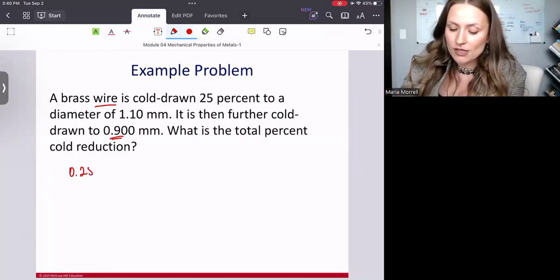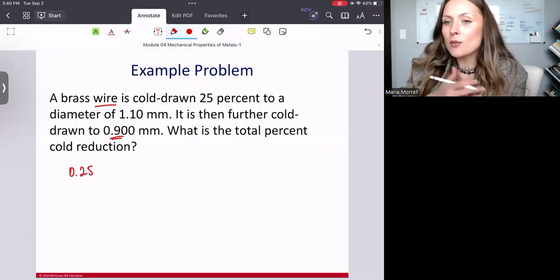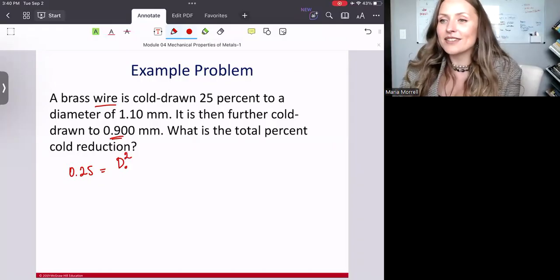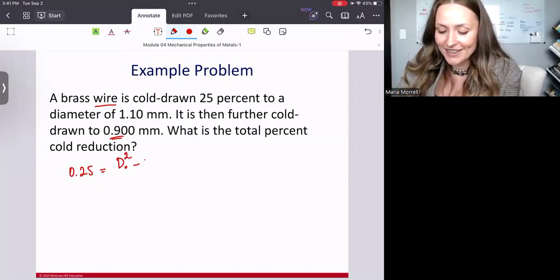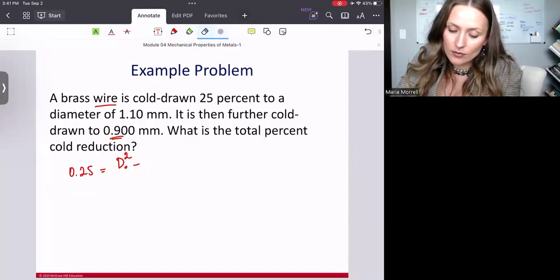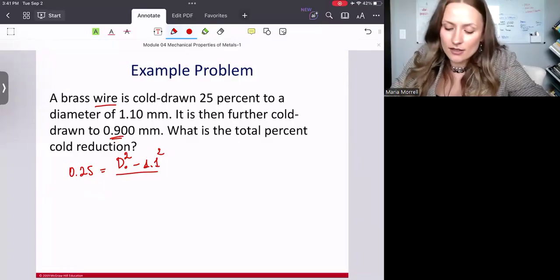So if I proceed with the equation, it looks like 0.25 equals d naught squared, and this is very important, not to forget this squared, right? Minus d squared, and so on. I'm going to plug in the numbers.